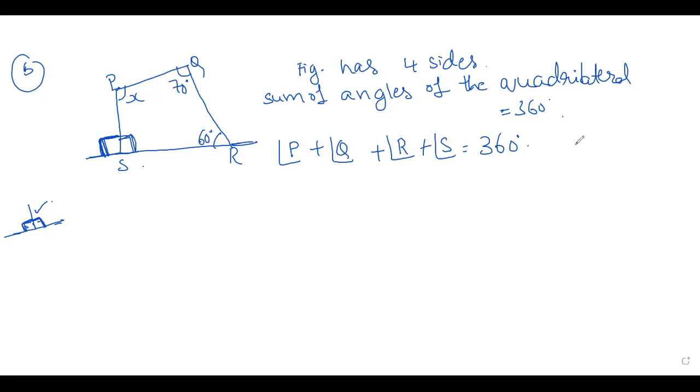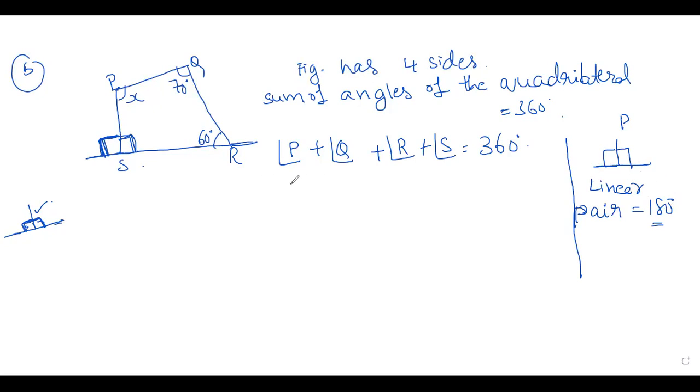So here you can write in the working column. So you can show here, children, it is also a linear pair of angles. Linear pair is equal to 180. The sum of the angles will be 180.